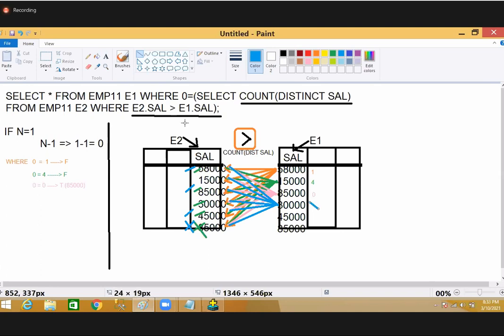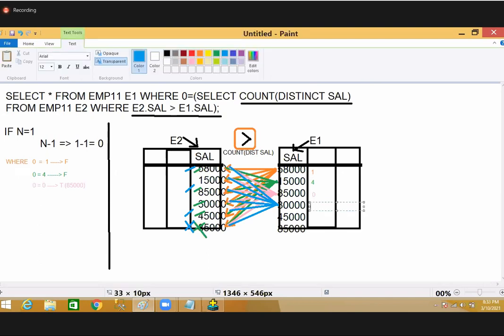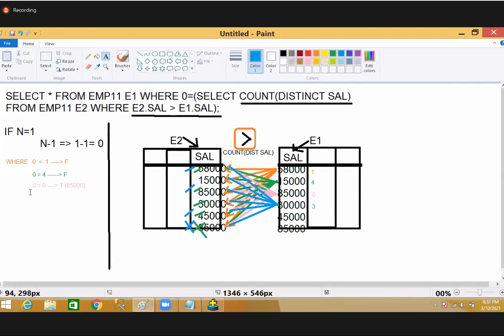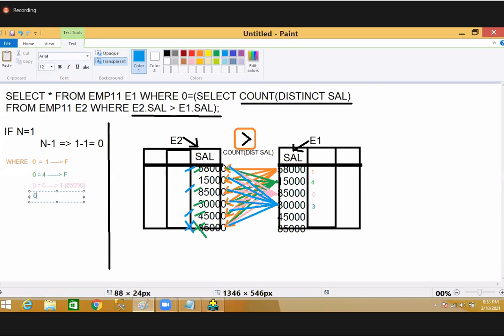So let's write here, your inner query result is 3. Okay? Right. Now the 3 compare with your answer. So outer query 0. 0 is equal to 3. Condition true or false? The condition is false. Okay, clear now?